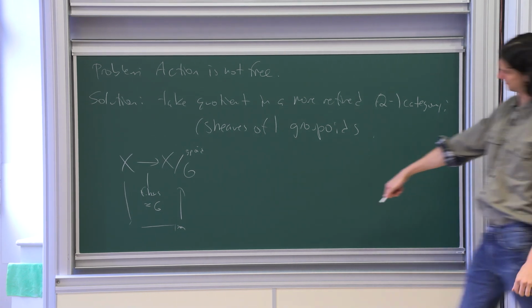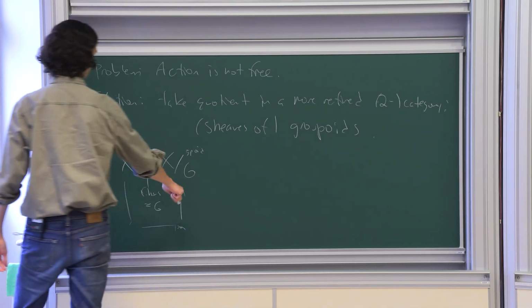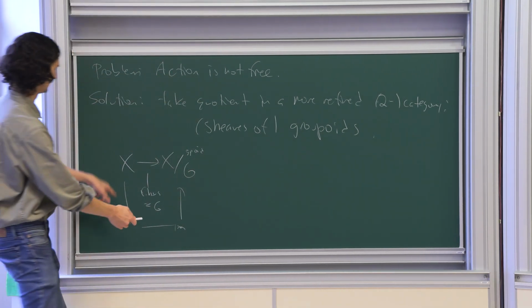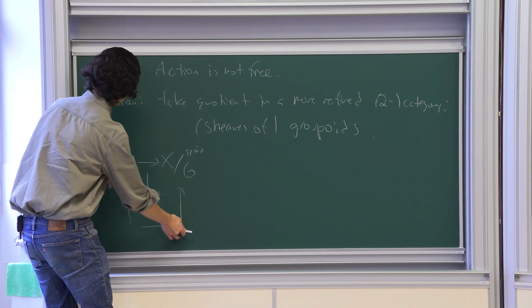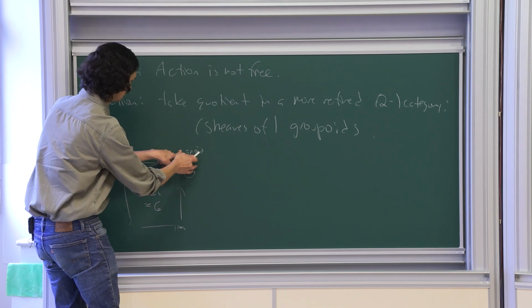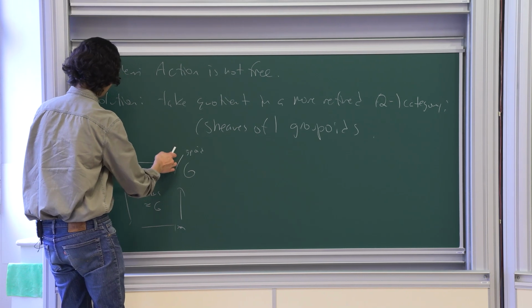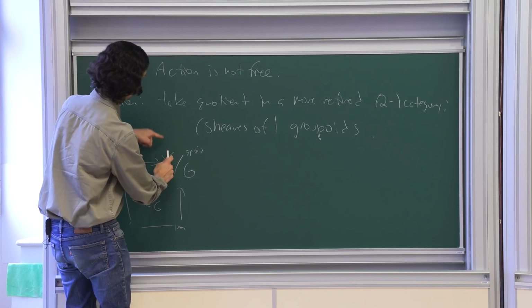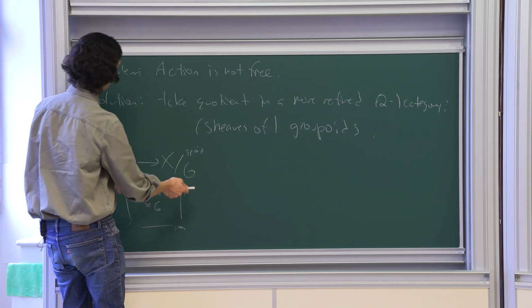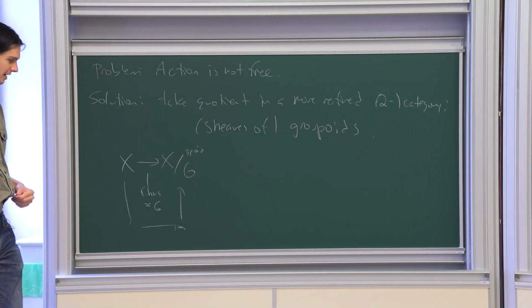The only trick is you have to interpret fiber in the sense of a fiber product in some 2-category. So an object here should be an object here and an object here with an isomorphism between them. Or in other words, you have some fixed object here, and then you take an object here and make an isomorphism between its image and that one there, and those are by definition parameterized by G.